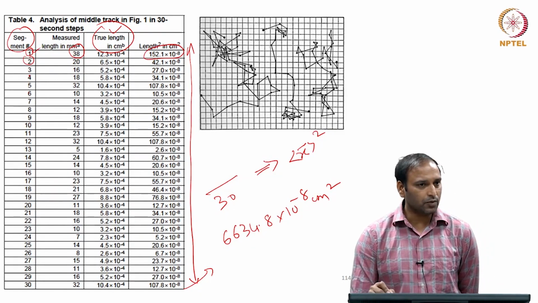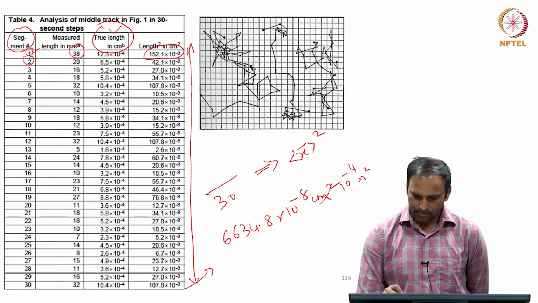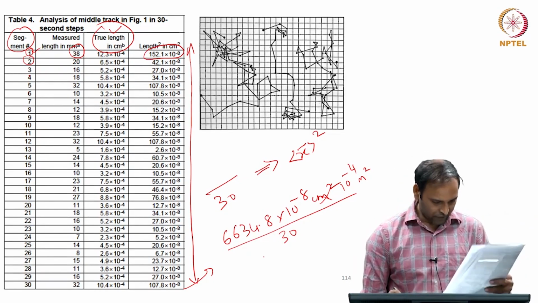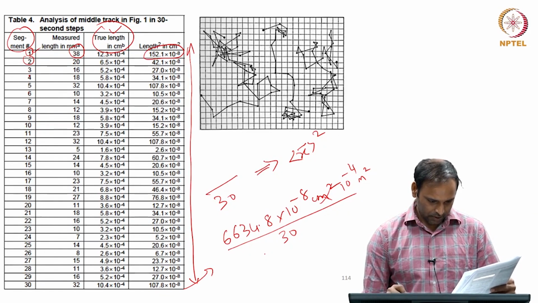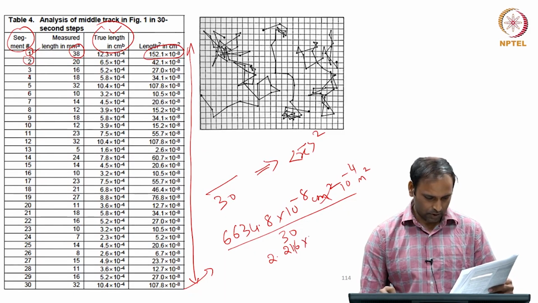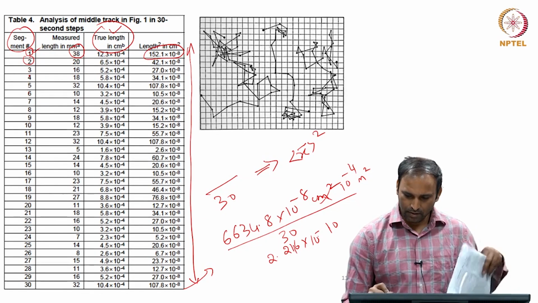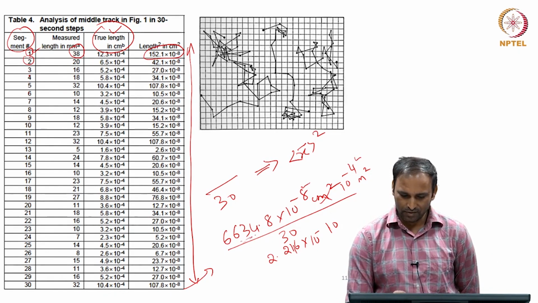And if I want to convert that into meter square, that is going to be 10 power minus 4, and that divided by 30 will give you a number which is something like 2.2116 into 10 power minus 10, because you have 8 here, that becomes 12, and this is 1000.